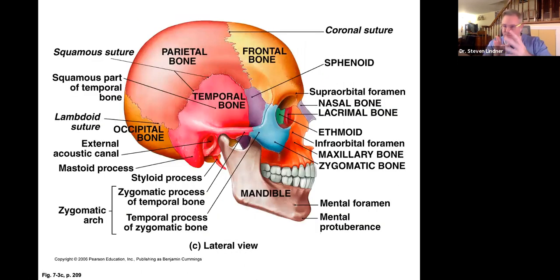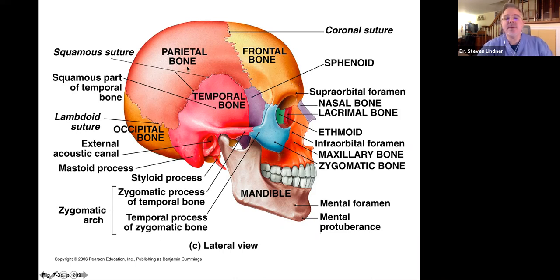Now we can take the head, rotate it to the side, and this gives us that nice view here where you could see the frontal bone, parietal bone, occipital bone, and temporal bone. I like the picture because it has all the different colors isolating the major bones. Frontal bone is in front, occipital bone is the back. Parietal bone is here, temporal bone near the ear.